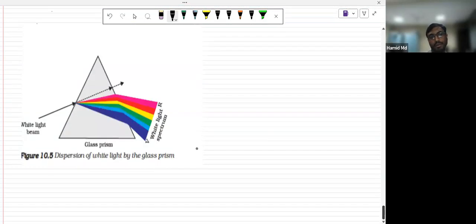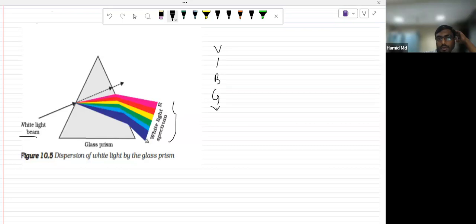Another discussion is dispersion of white light through a prism. So this is the white light beam. It's broken into 7 colors. V, I, B, G, Y, O, R. Got the thing?